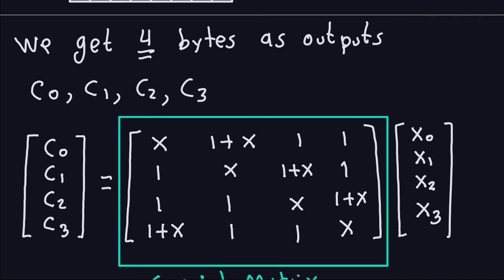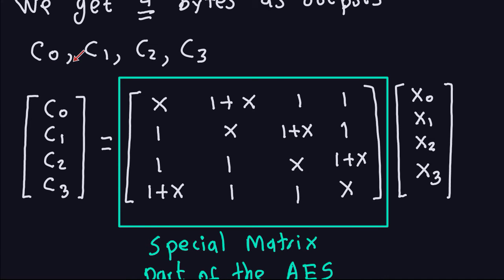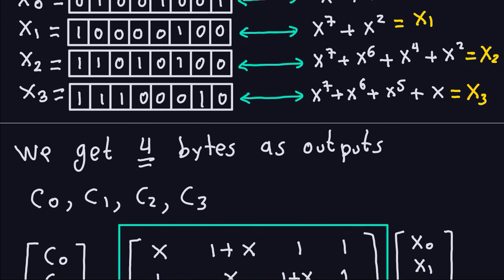Now, the matrix multiplication is going to happen like this. These 4 bytes that you see here, C0, C1, C2, and C3, I'm going to put them as column vectors here. They're actually going to be polynomials, but I can actually get the byte out of this. And this X0, X1, X2, and X3, that is also this column here, they are representing these polynomials that I have over here.